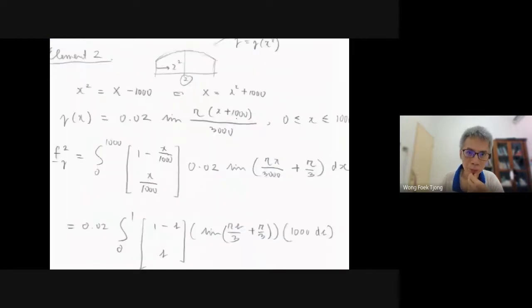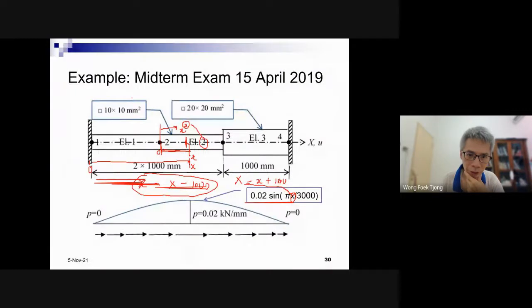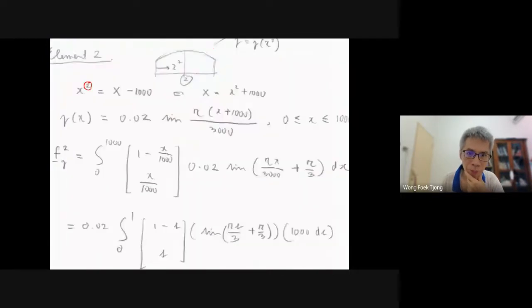Element number 2: this is not x squared, x2 is, as I mentioned before, x minus 1000. So we plug this into this one. The loadings are now expressed not in terms of global, capital X, but in terms of local. Don't forget, and this is applicable for element 2, of course, from x0 to 1000.